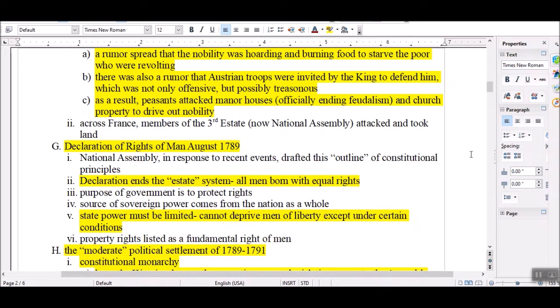Now it's done. And they'll also attack church property and try and drive out both the First and Second Estate. And various other members of what formerly was known as the Third Estate, now the National Assembly, will also attack and take over land.